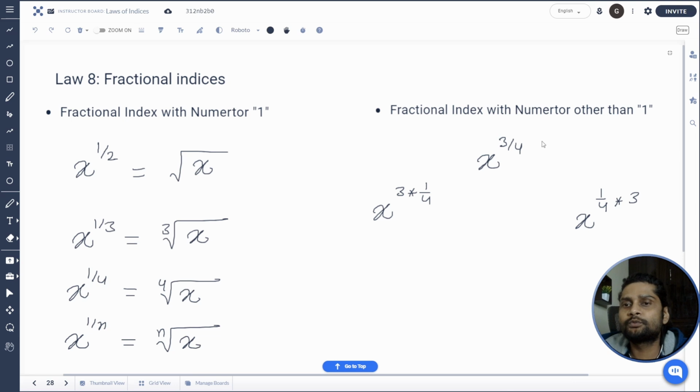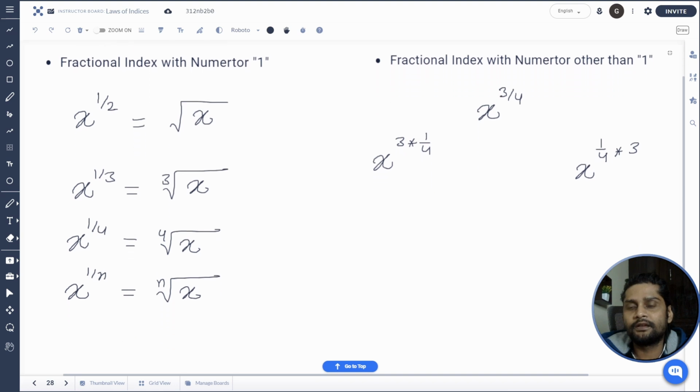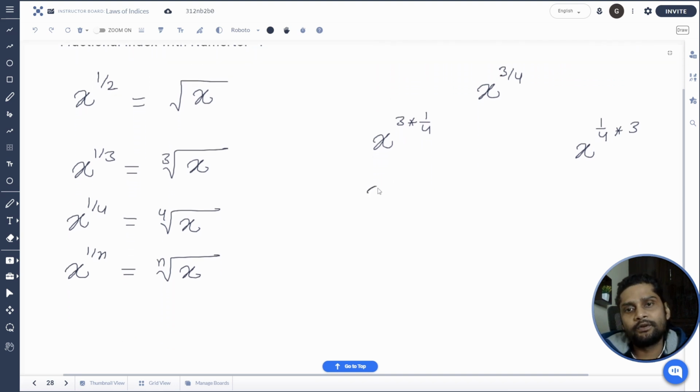In both the situations, we get 3 over 4. Now students, as you have discussed the rule of power of power law, where we have to multiply the exponents, powers are already multiplied here. So we can consider that to be a power of power. Same situation we can consider over here, which is 1 over 4 and then 3.